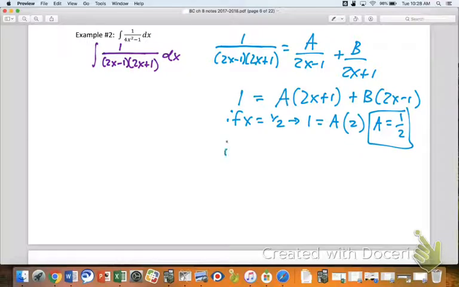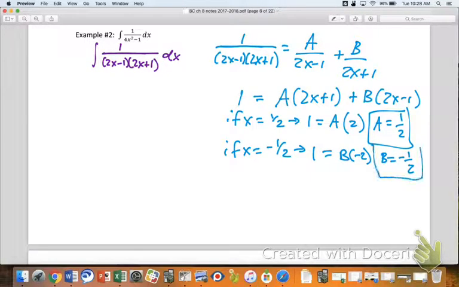And then if x equals negative 1/2, then I arrive at 1 equals, sorry, B times negative 2. Therefore, B equals negative 1/2. Guys, look like you're doing okay?